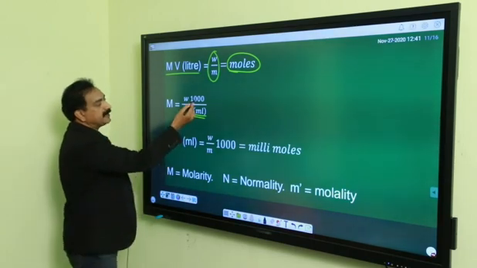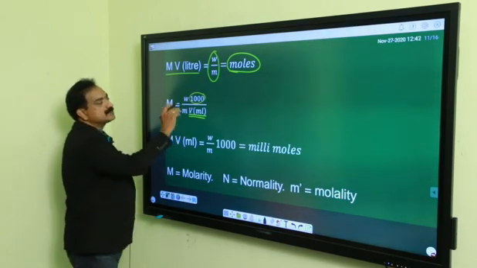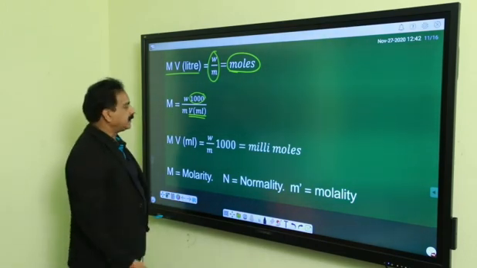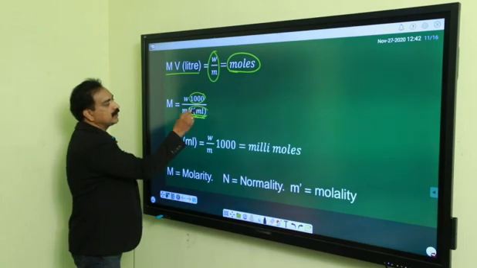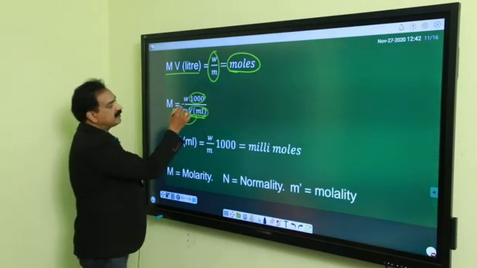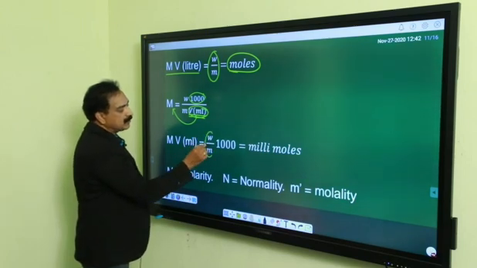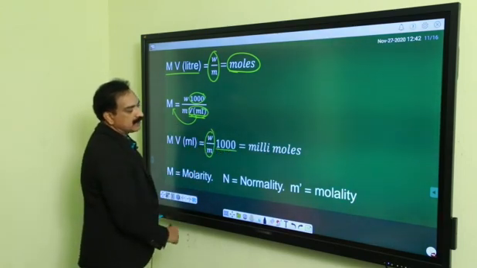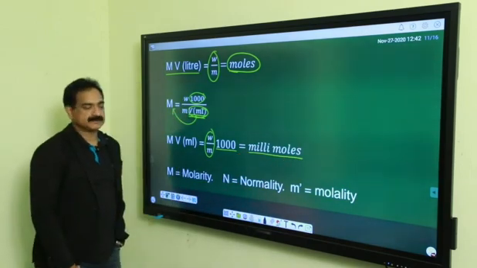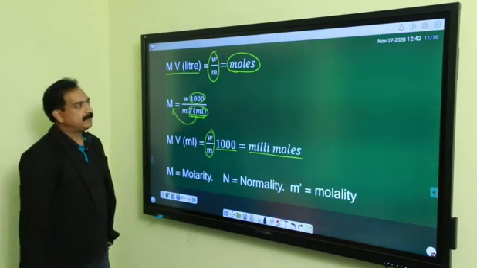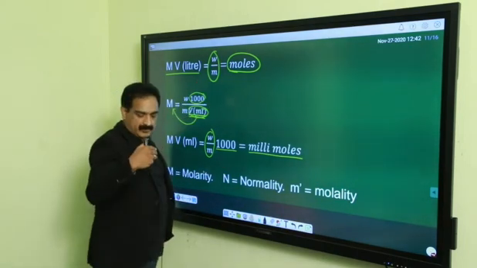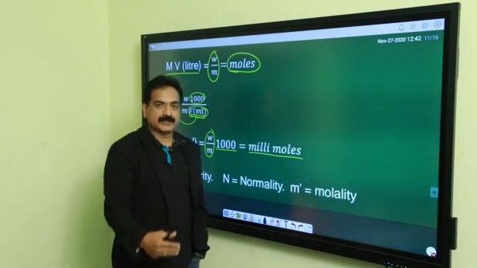milliliter, in that case we have to put the 1000 factor, to convert milliliter into liter. Now if you take this volume in milliliter on the left hand side, then we are left with W by M into 1000. Moles multiplied by 1000 is another term, called millimoles. W by M is equal to moles; this we study in the initial stages.